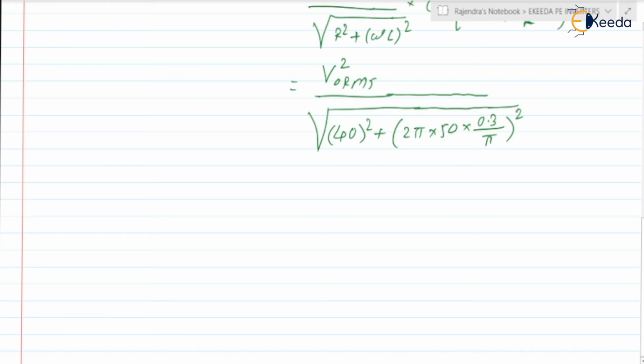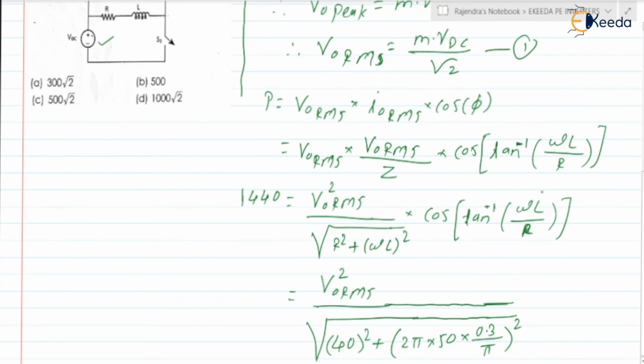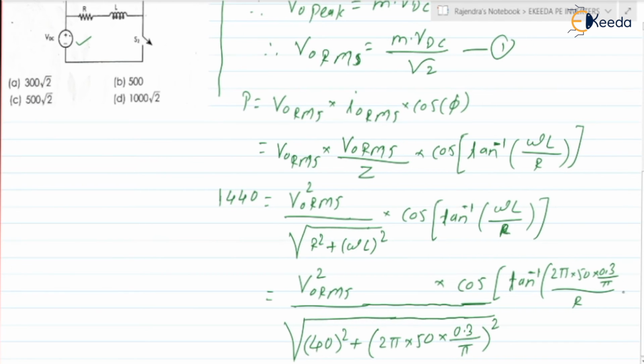This is the Z, into cos of tan inverse of omega L by R, that is 2 pi into 50 into 0.3 by pi, divided by R.